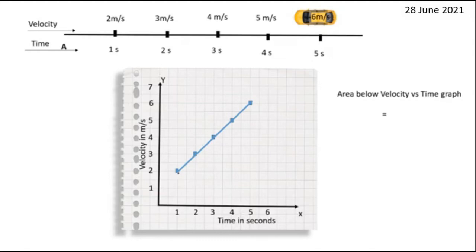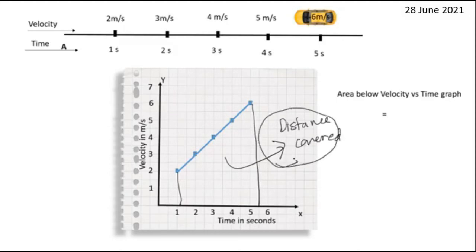But here also if you find the area below this, okay, that is going to give the distance covered. Please remember this. Therefore this is a very important point when we prove the second equation of motion.